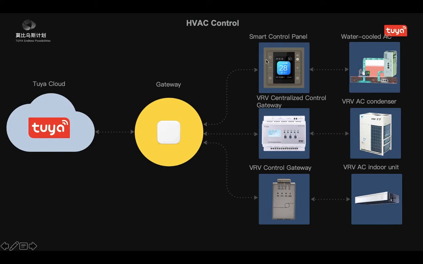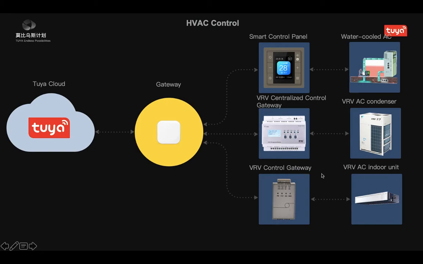For water-cooled air conditioners, we can replace the control panel with a smart one directly. Yet for VRV air conditioning system, we can either use a centralized control gateway to work with the outdoor condenser, or we can use a separated control gateway for each indoor unit.